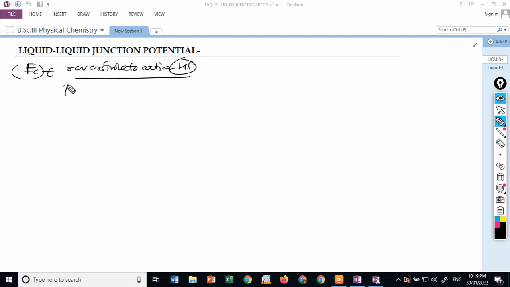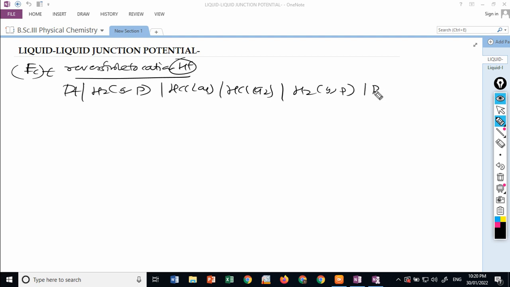The cell can be represented like this: platinum, H2 gas at pressure, HCl with activity A1, HCl with activity A2, again H2 gas at pressure, and platinum. So this is the electrolyte concentration cell with transference, reversible to the cation.